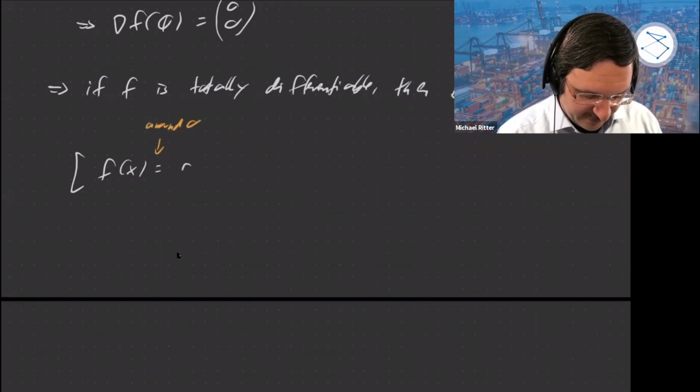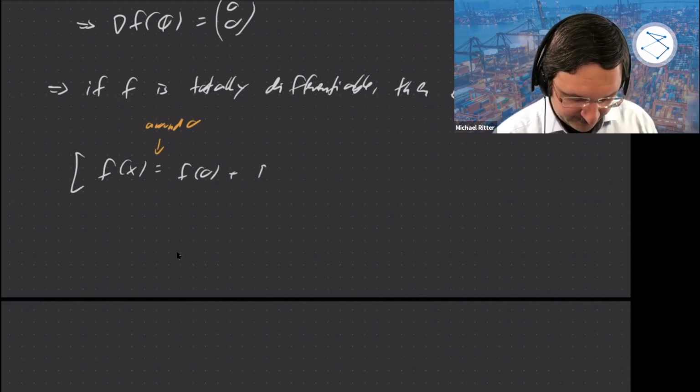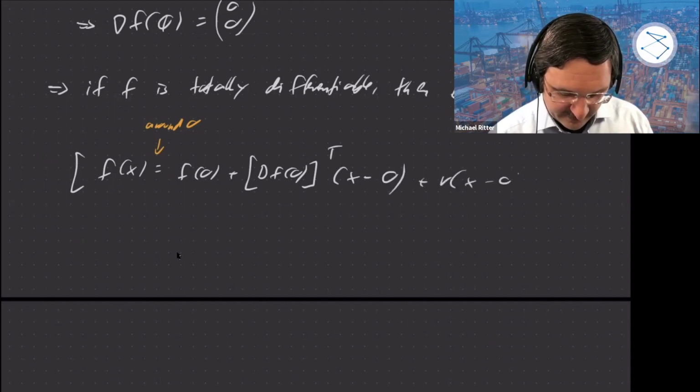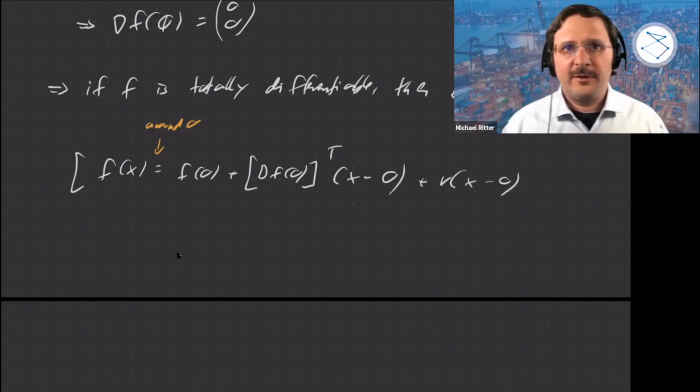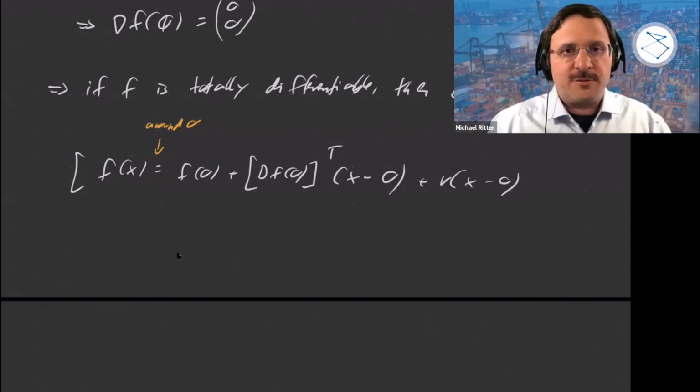So that would be f at 0 plus this total differential, df at 0 transposed times x minus 0, plus some remainder. So basically that captures the part that is not captured by the approximation.